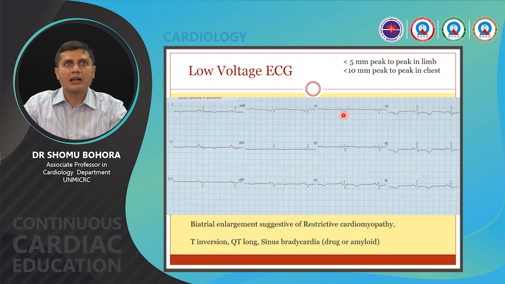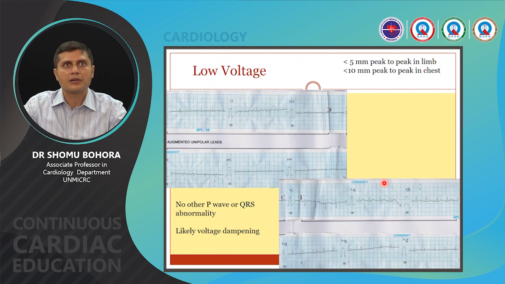Here biatrial enlargement is present. The peaked P wave is present in lead 2, as well as left atrial enlargement with low voltage, left axis, and sinus bradycardia, suggesting again cardiomyopathy rather than low voltage because of dampening.